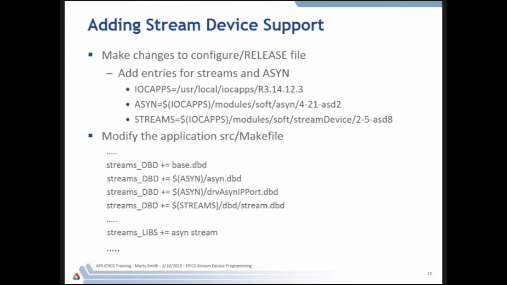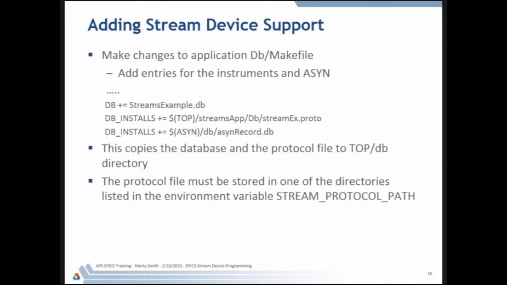You need to have asyn and asyn IP port in this case because we're going to be communicating with a network attached device. And you probably use that for serial too. Doesn't really matter, I think. And then you have to include the stream DBD and of course the 2 libraries, asyn and stream.